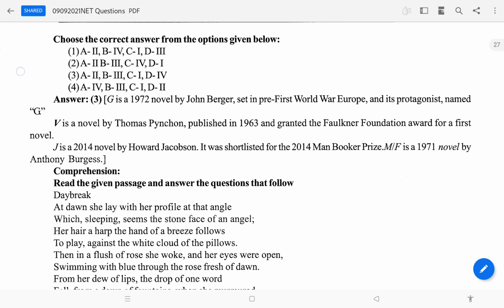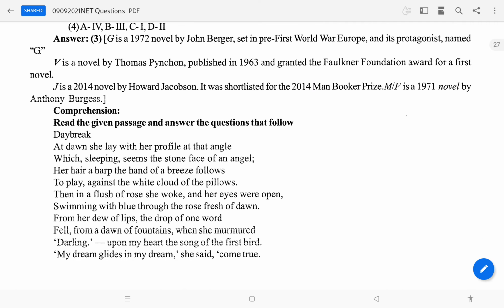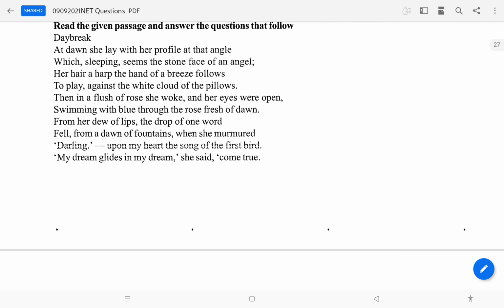So let's see the next question, and it is a reading comprehension. Daybreak. At dawn she lay with her profile at the angle which, sleeping, seems the stone face of an angel, her hair a harp the hand of a breeze follows to play against the white cloud of the pillows. Then, in a flash of rose she woke. Her eyes were open, swimming with blue through the rose sprays of dawn. From her dew of leaves, the drop of one word fell.